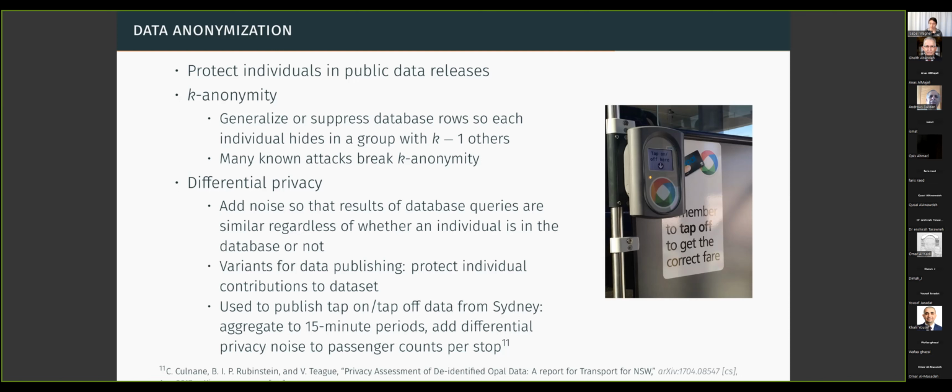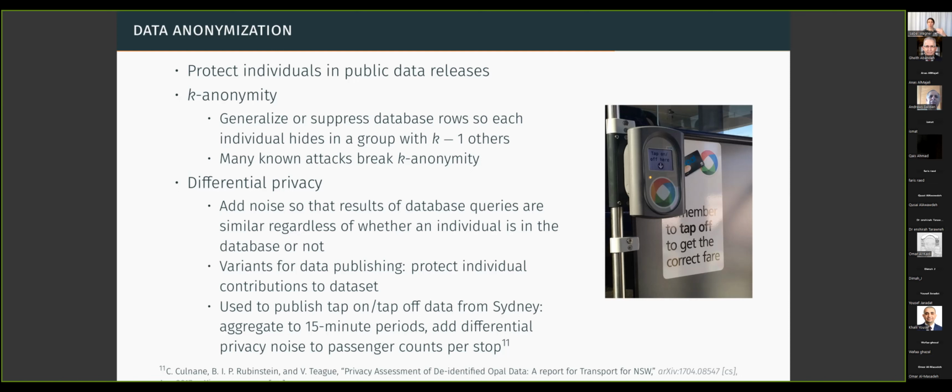So for that, a relatively old approach was called k-anonymity, where the idea was that we take our database and then we look at the rows and try to group them so that each individual has k-1 other individuals with similar attributes.